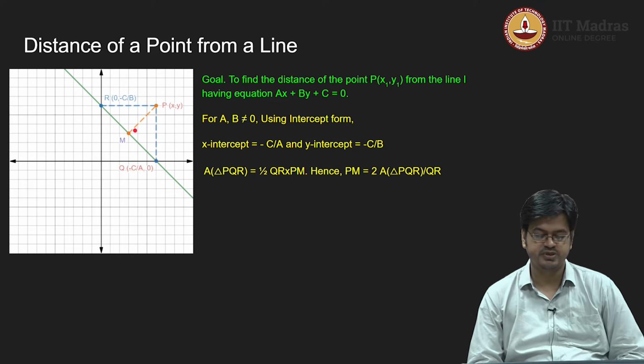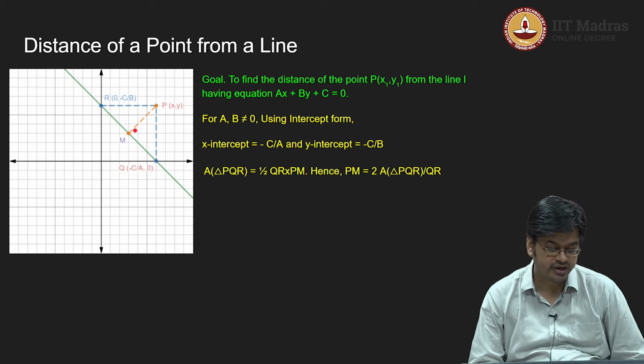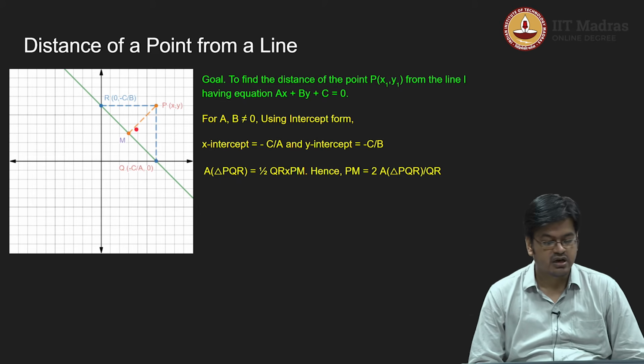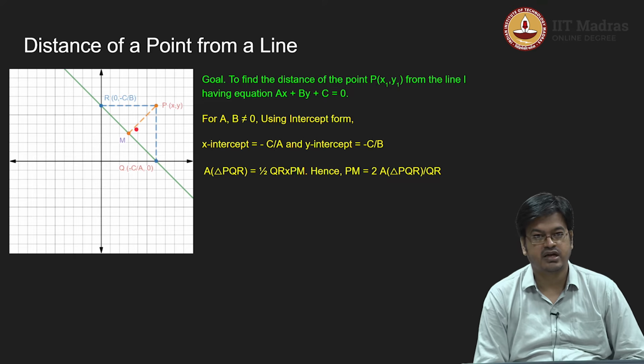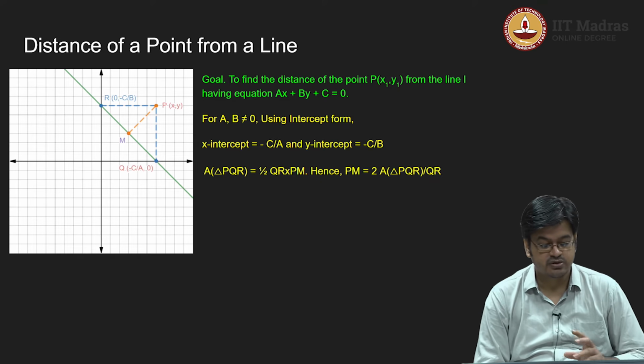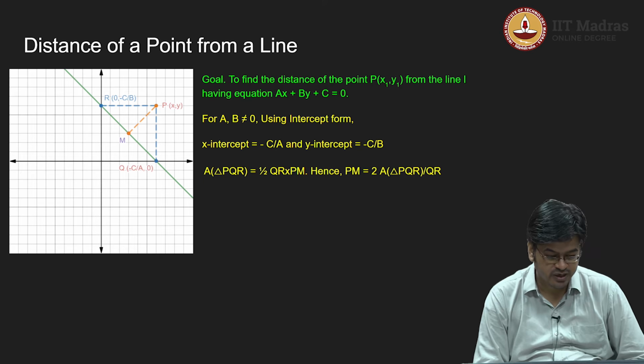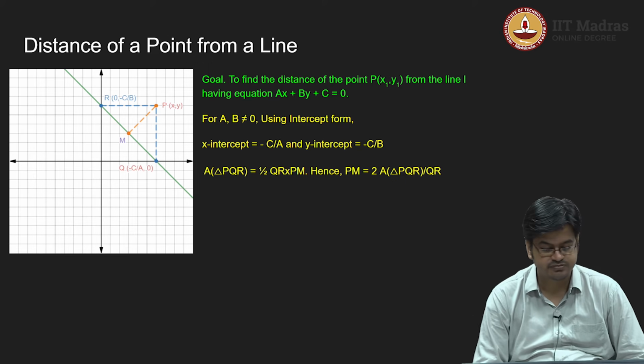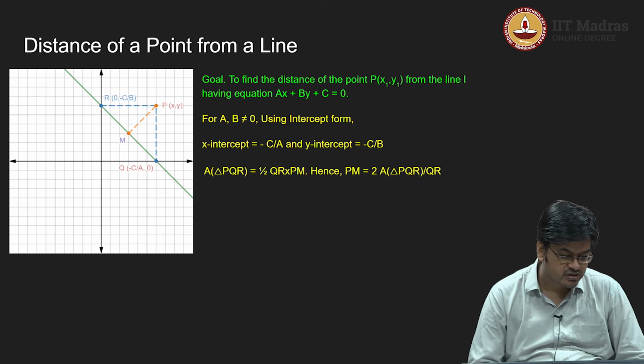I do not know what PM is, correct, but we have already seen in this course how to find the area of a triangle where its coordinates are given. So, even though I do not know PM, I know how to compute the area of the triangle. The next question is, do I know how to compute the length QR?